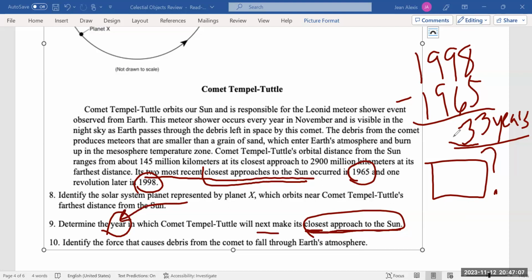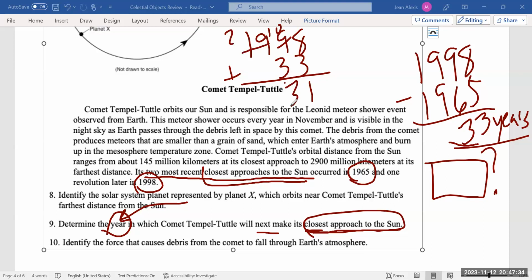sun. So now that I know it's 33 years, I know the most recent one was at 1998, and I need to know what year it is going to be 33 years later. And when I add, so when I add the 1, carry the 1, this turns to 10, 3, this turns to 20, right?